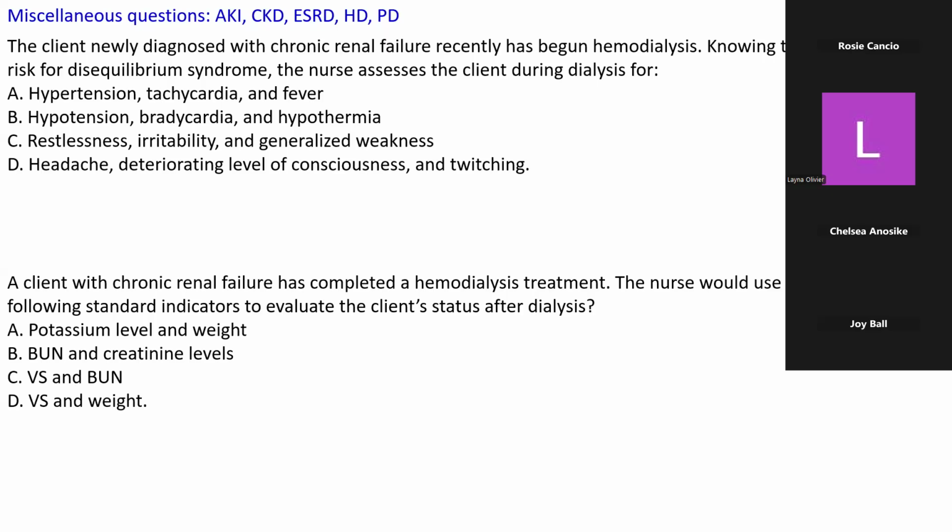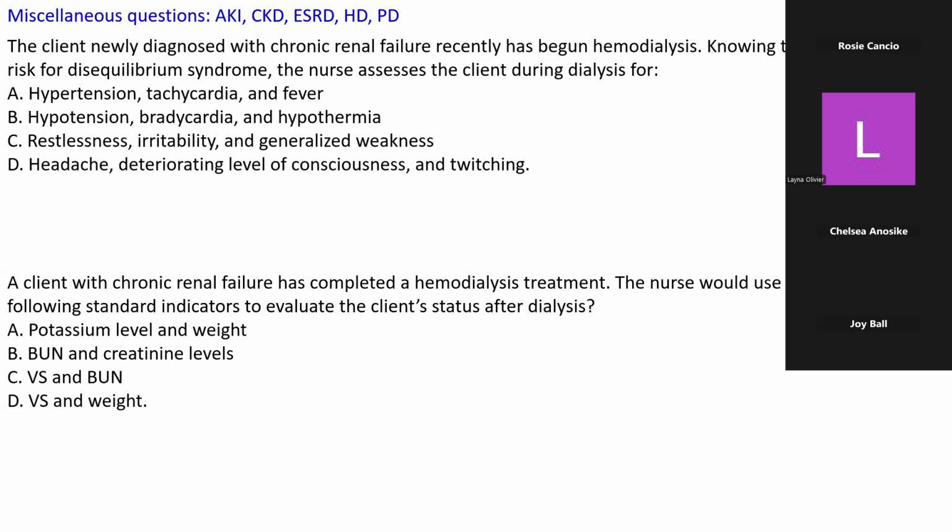And again, this syndrome is caused by rapid removal of waste products, most known as the blood urea nitrogen, from the body during hemodialysis. At the same time, the blood-brain barrier would interfere with the efficient removal of wastes from brain tissue.